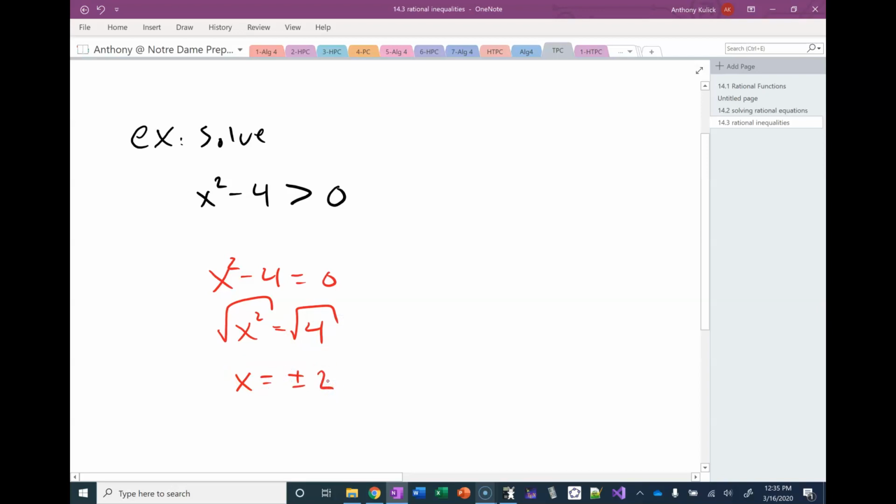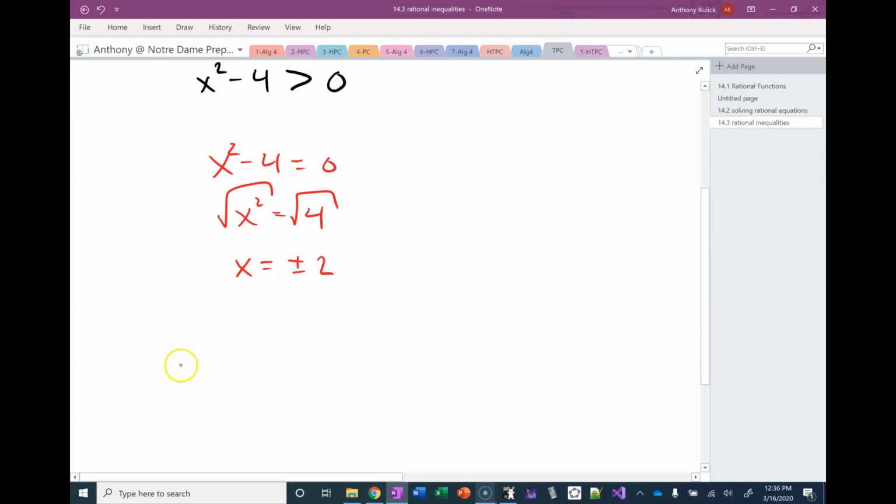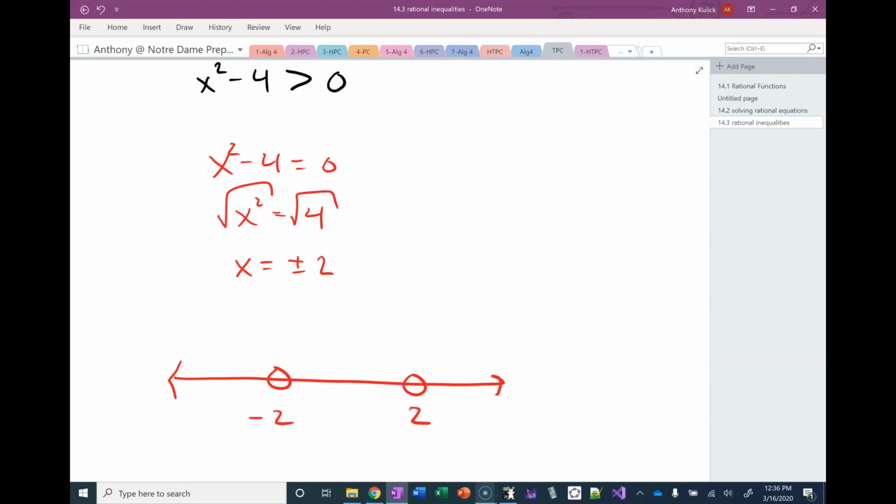You could have also solved that by factoring. Some of you might have thought to do that first. That's fine as well. Now I'm going to draw my number line and draw in those 2 locations that we just found. I'm going to put an open circle at each of those locations, at -2 and at +2.